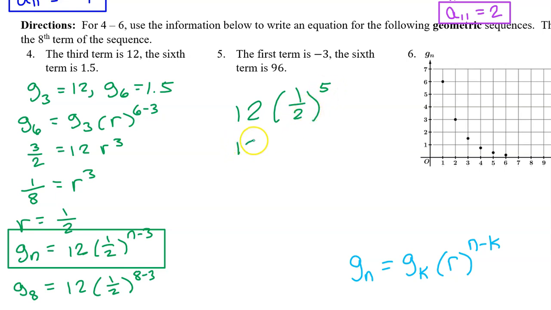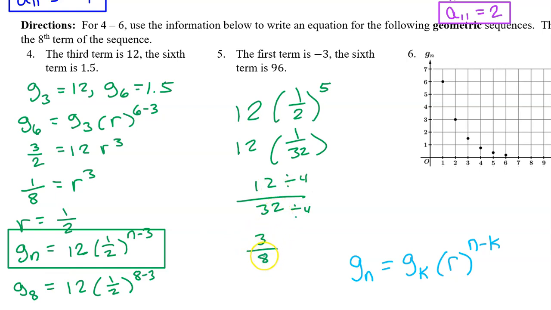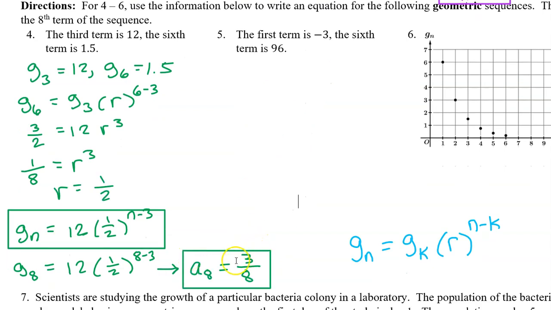So this is going to be 12 times 1 over 32. So this is going to be 12 over 32. Dividing both of these by 4, we get 3 over 8. Kabam!